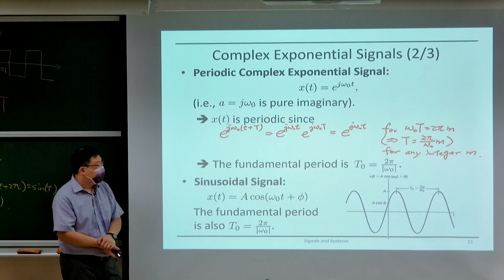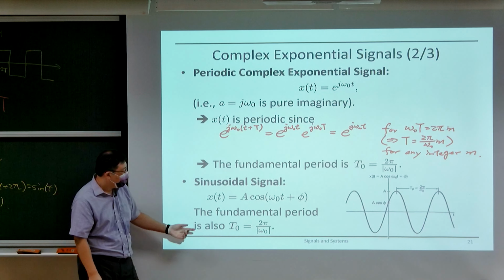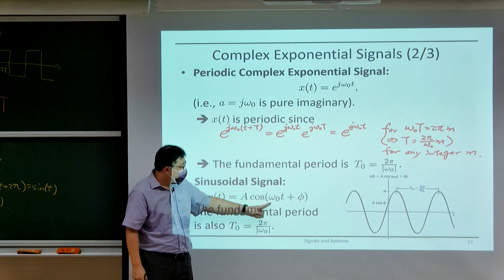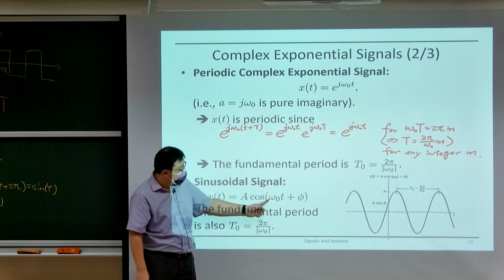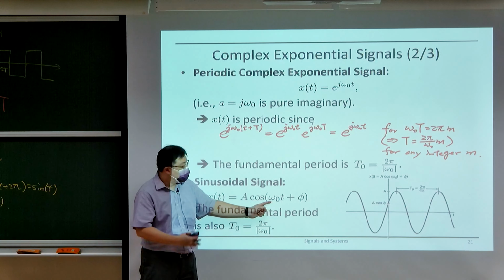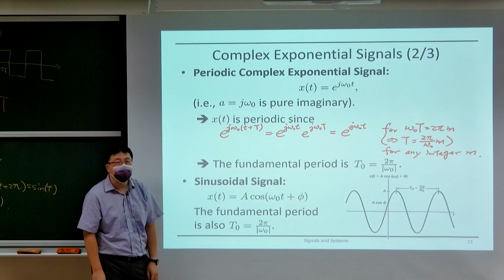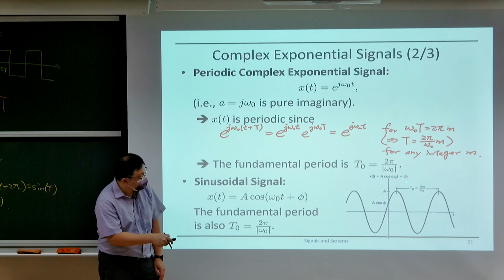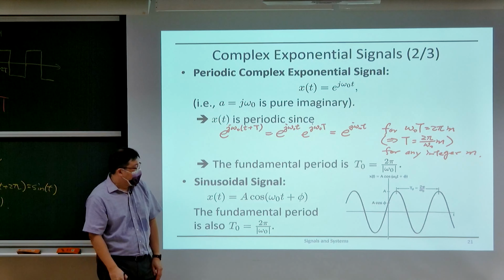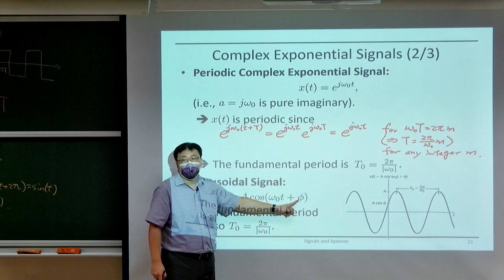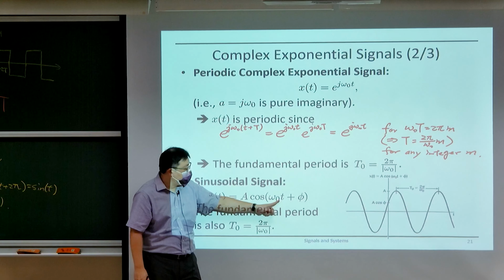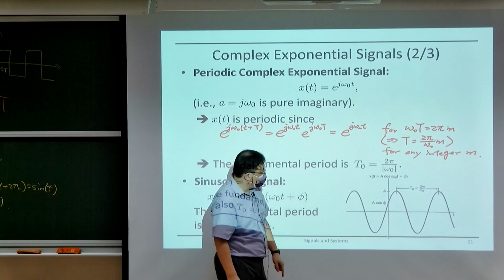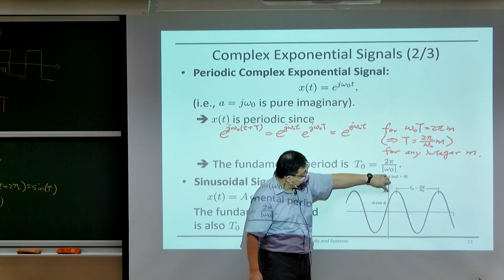Now this periodic complex exponential is closely related to a sinusoidal signal as given here. As we're all familiar with, a sinusoidal signal, either sine or cosine, oscillates at a certain frequency, let's say omega naught, sometimes offset by a phase phi. A plot of this sinusoid is given here. If phi is equal to 0, then at time 0, cosine should be 1, so you have a peak at time 0.